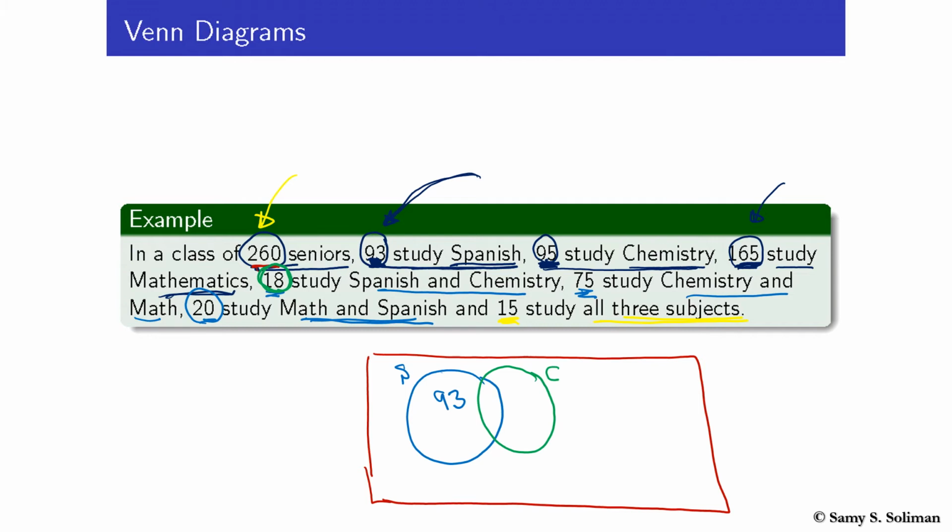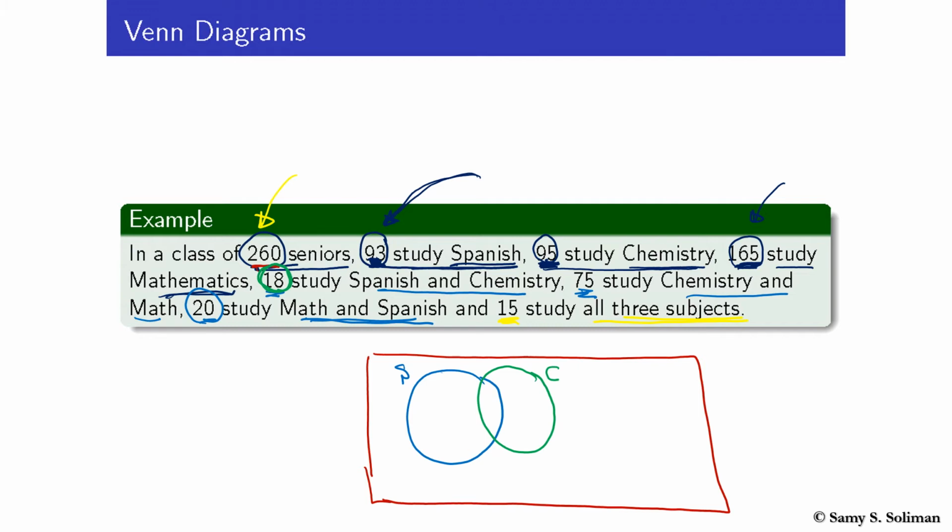In this case, we cannot write 93 here because we are not sure till this moment how many of the 93 are studying Spanish only and how many of them should be in this intersection, which represents students studying both Spanish and chemistry.